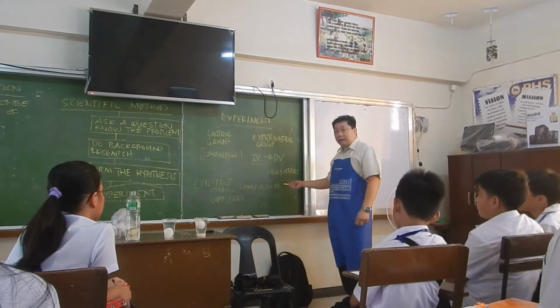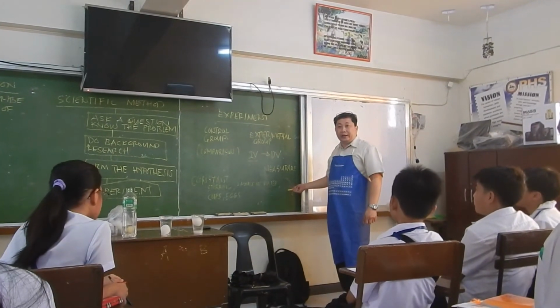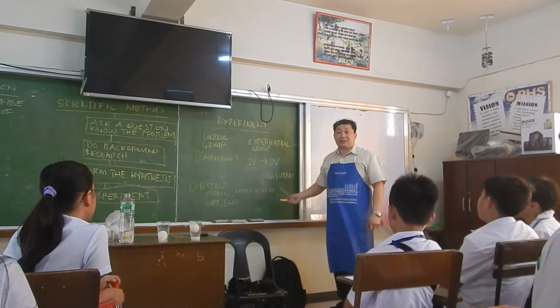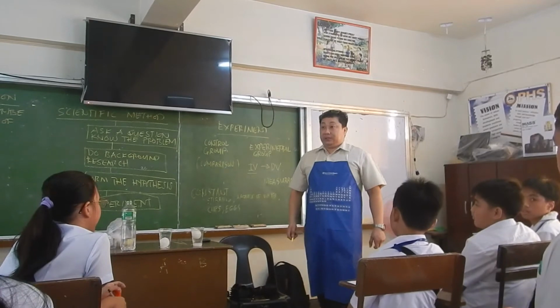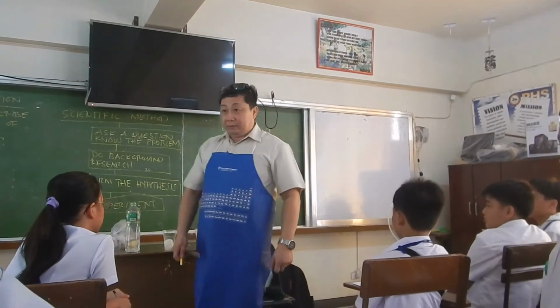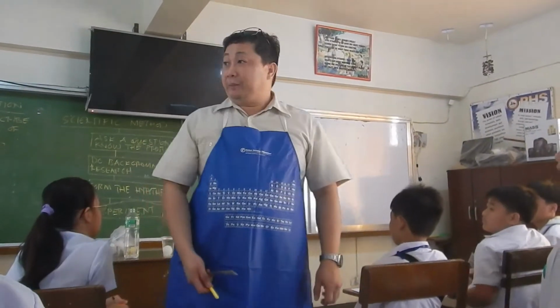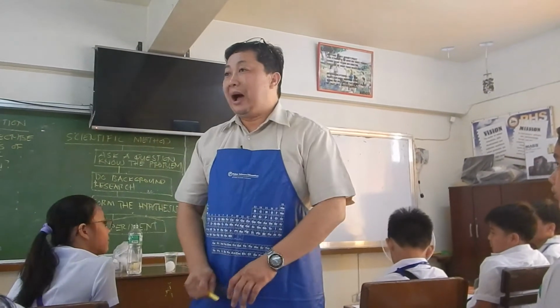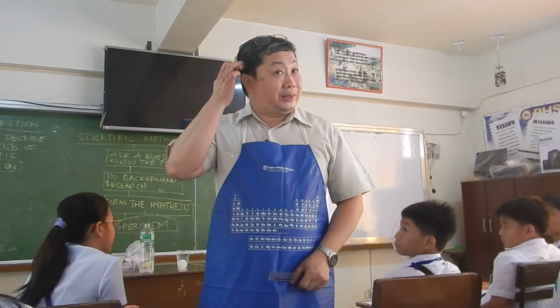When we defined dependent variable earlier as what? Measurable. Saying the egg is floating, can that be described as measurable? No.